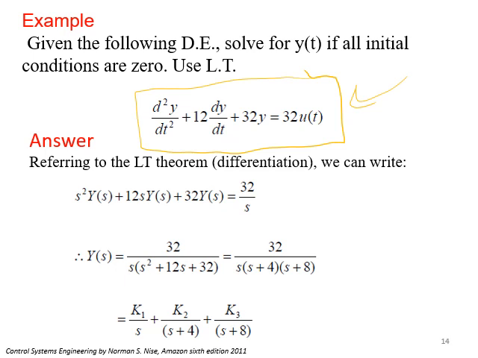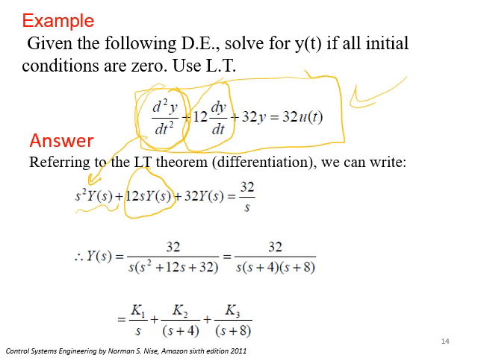So converting the function to Laplace, this quantity d square y by dt square is equal to s square y of s, and then 12 dy by dt is converted to 12s y of s. I mean, from the theory of Laplace, if you notice earlier, the derivative in the time domain is equivalent to s in the Laplace domain.